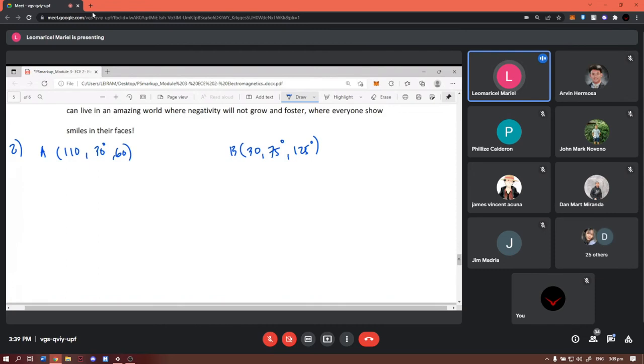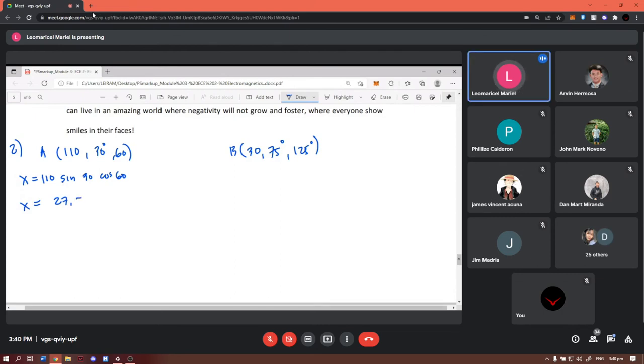You need to convert that into XYZ. So, vector A having 110 sine theta cosine phi, so 60. So, what will be your X? 110... What is your X? 27.5 po ako, sir. 27.5 lang.